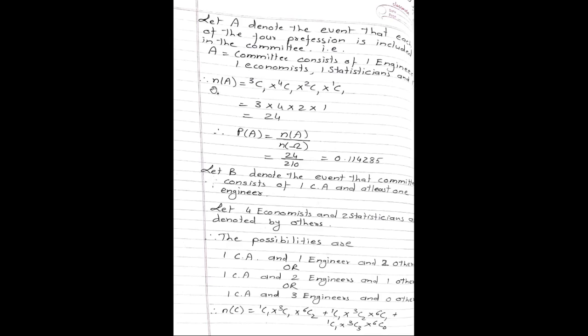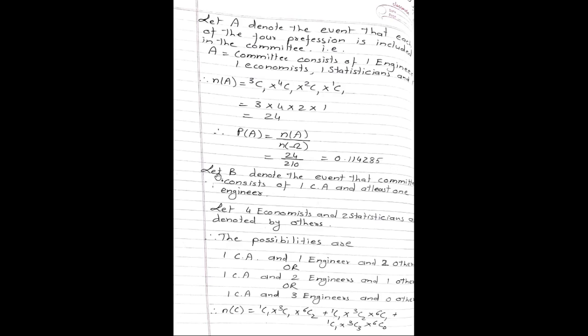So the number of sample points favorable to event A is 3C1 into 4C1 into 2C1 into 1C1, which is 3 into 4 into 2 into 1, equal to 24. So the probability of A is n of A upon n of omega, which is 24 upon 210. That is nothing but 0.114285.